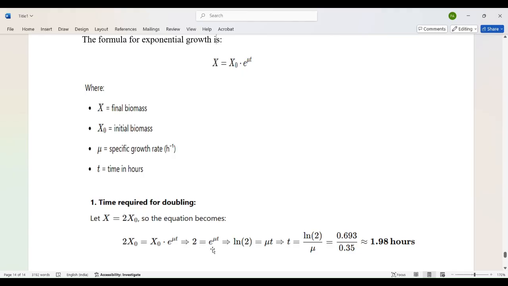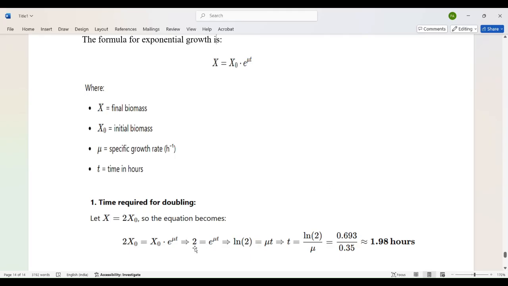If I apply natural logarithm, that is ln, with base e. Always remember, those who don't know, natural logarithm has by default base e. So if I write ln e to the base e, that is 1.